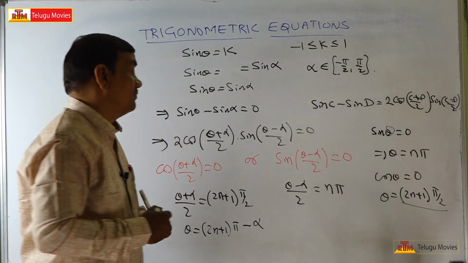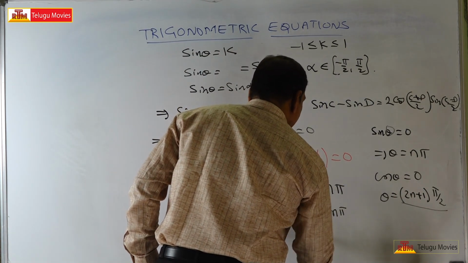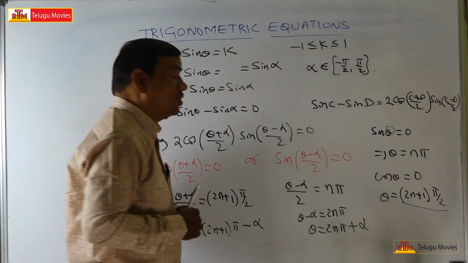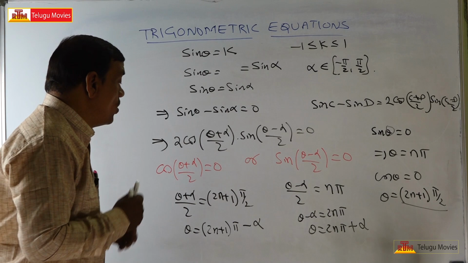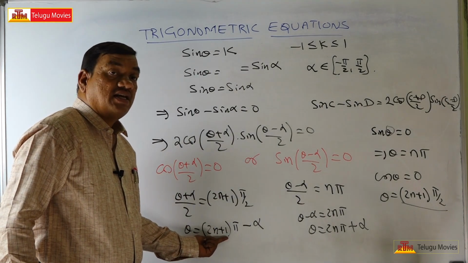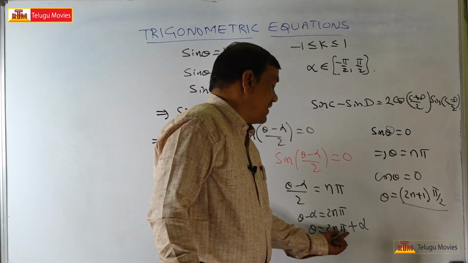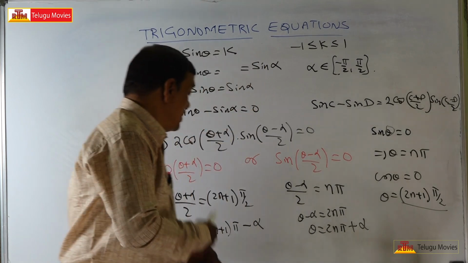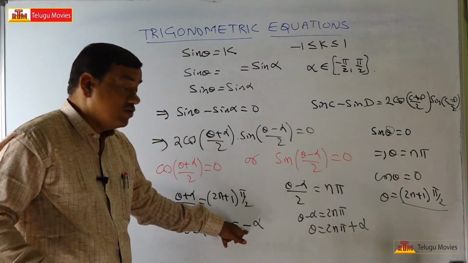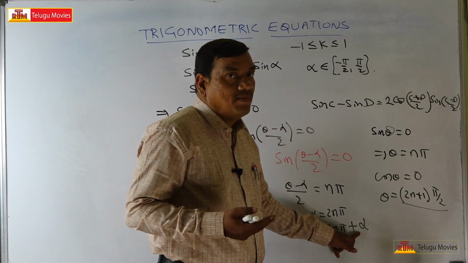Here theta minus alpha is equal to 2n pi, so theta is equal to 2n pi plus alpha. Now what do you observe here? 2n plus 1 is an odd multiple of pi. Here 2n pi is an even multiple. Here you are getting minus alpha, here plus alpha. That means if an odd number is there, you get minus alpha. If an even number 2n is there, you get plus alpha.